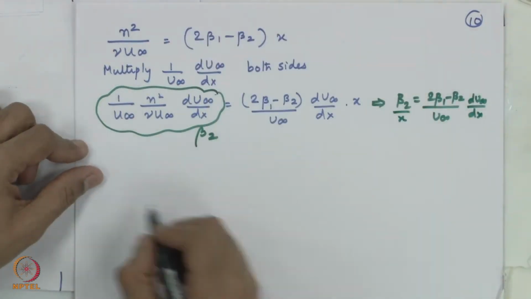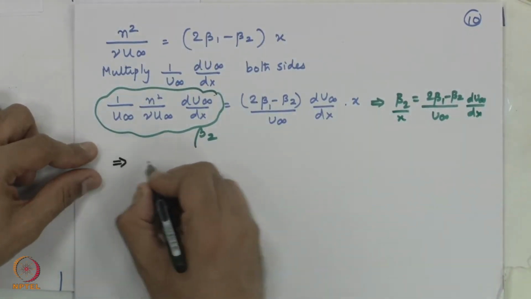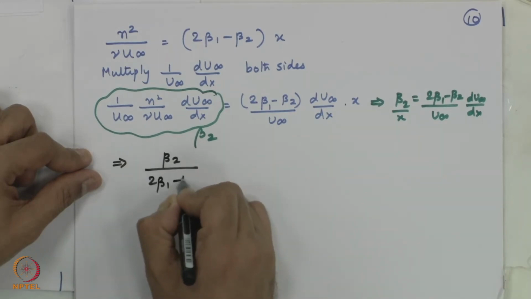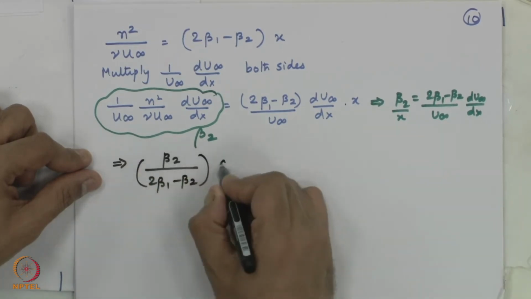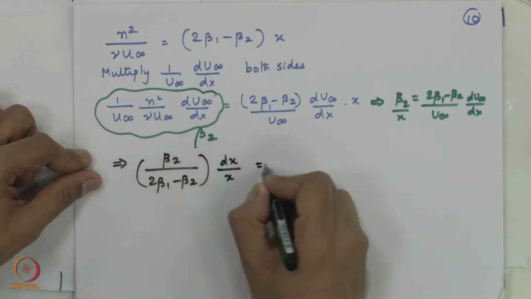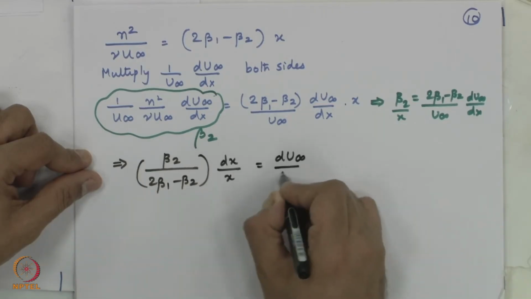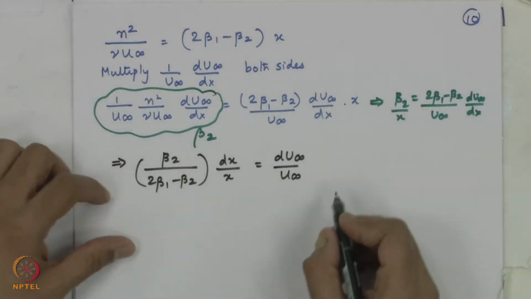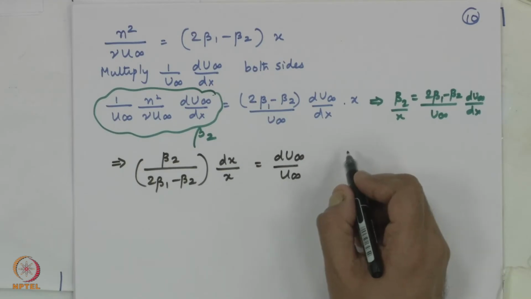So, I just separate the variables. I can write beta 2 by 2 beta 1 minus beta 2 dx by x is equal to du infinity by u infinity. This manipulation. Now, I integrate and apply the limits.